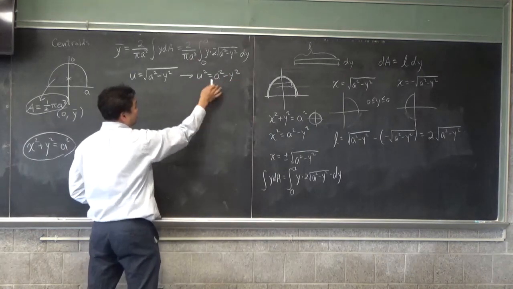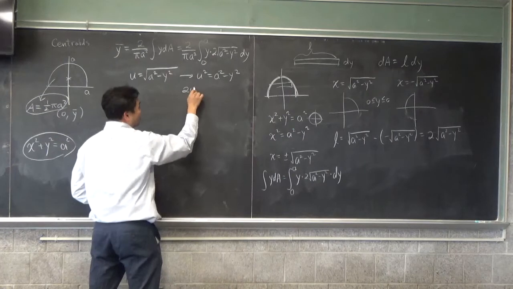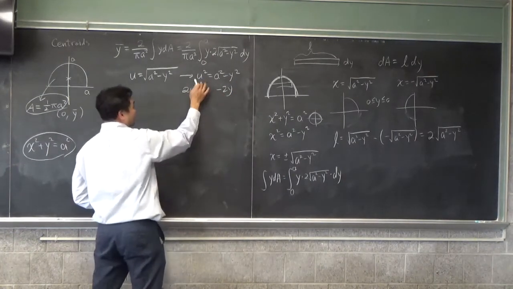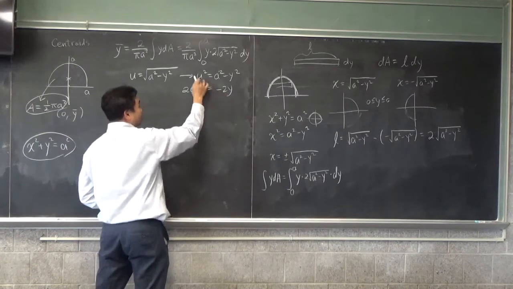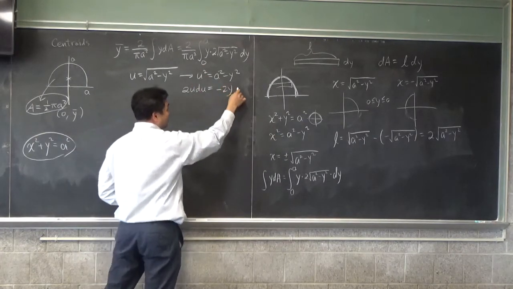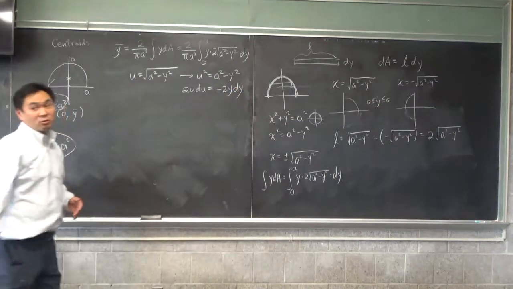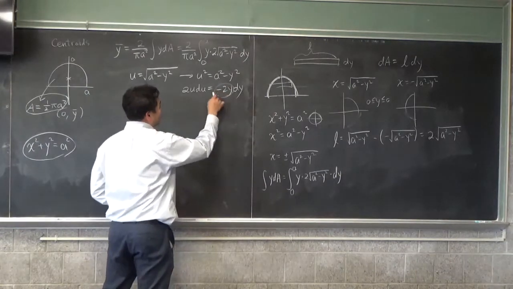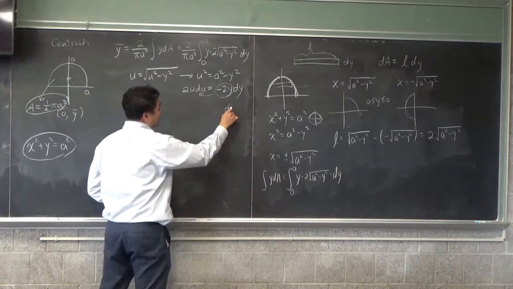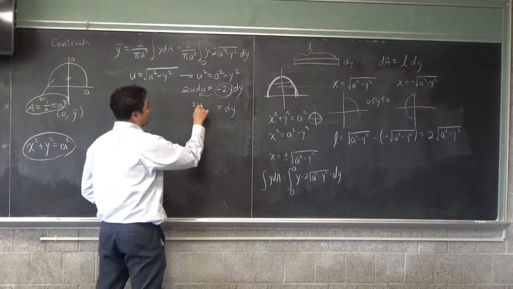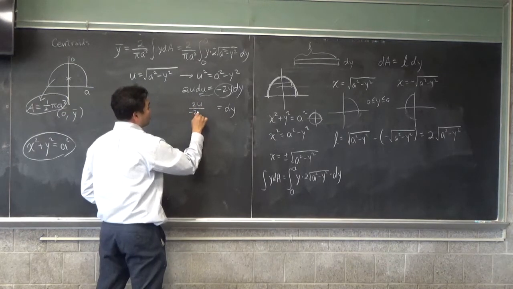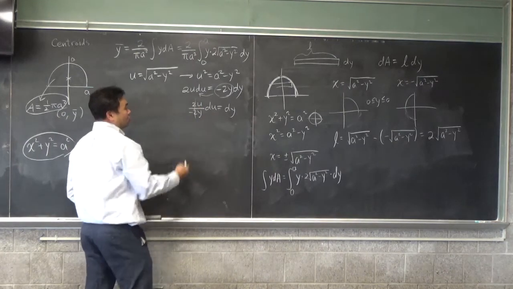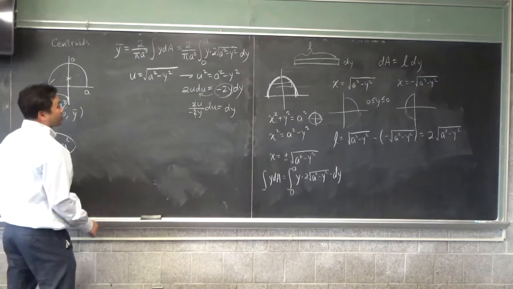If you differentiate both sides, u squared differentiates to 2u, this differentiates to negative 2y, but as you know, you have to attach du if you're differentiating a function of u, and you have to attach dy if you're differentiating a function of y. Solve for dy by dividing to the other side, so that dy is equal to 2u over negative 2y du. 2 cancels, so you get u over negative y.